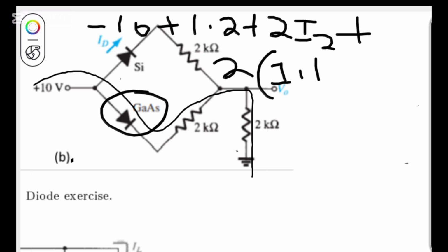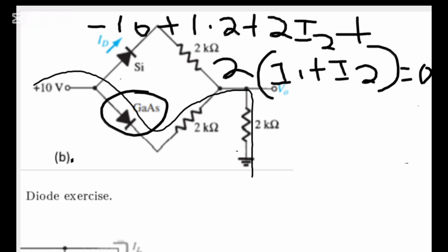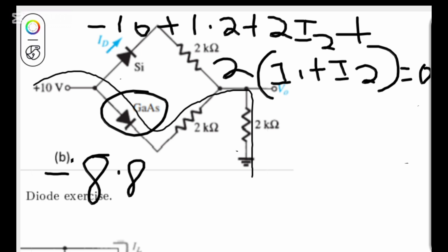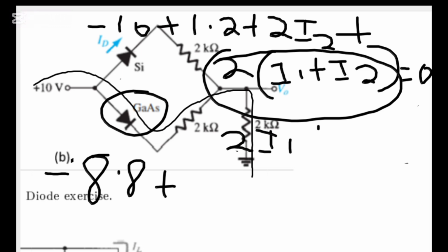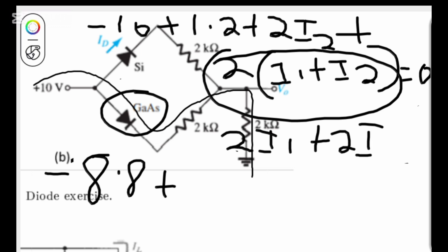I will say I1 plus I2 all should be equals to 0. So minus 10 plus 1.2, I will get negative 8.8. So I have to say plus, if I distribute this bracket, I'll get 2I1 plus 2I2.